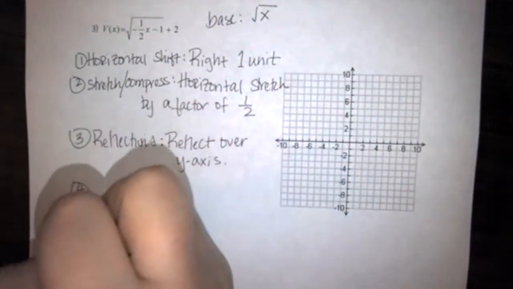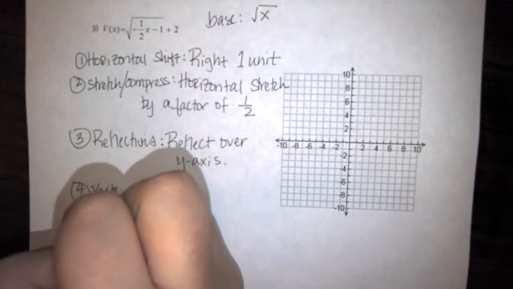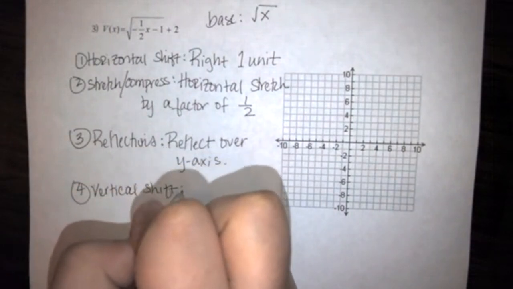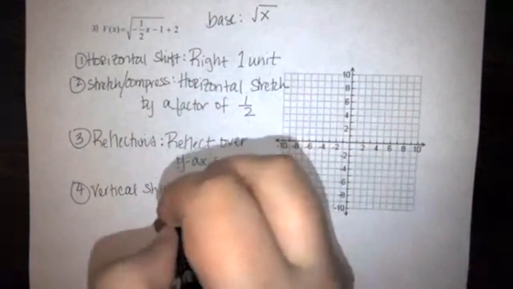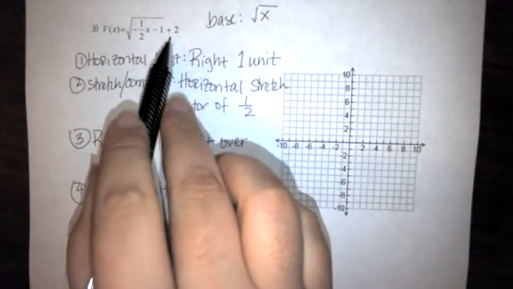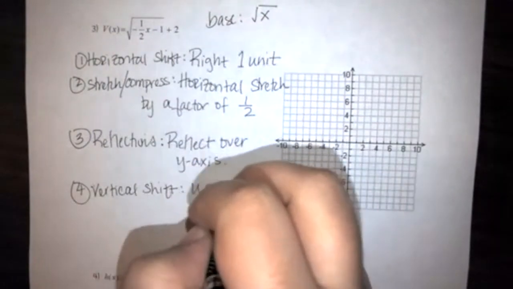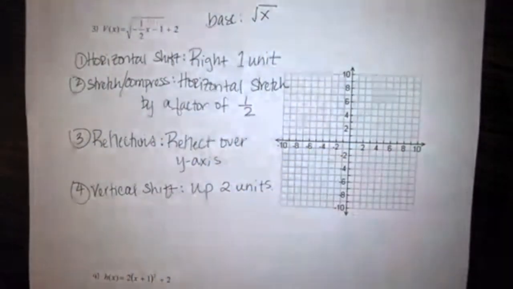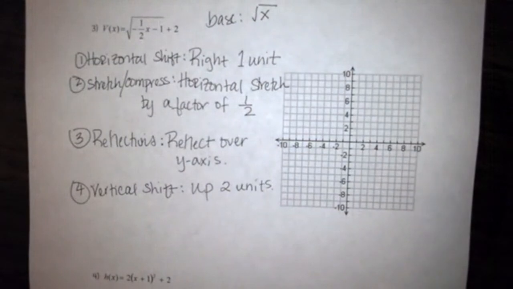And then the fourth thing that we're looking at is any vertical shifts we have. So in this case we do. If you look, we've got this +2 off the end. So here we are going to go up by 2 units. Okay? So that is everything that we have.